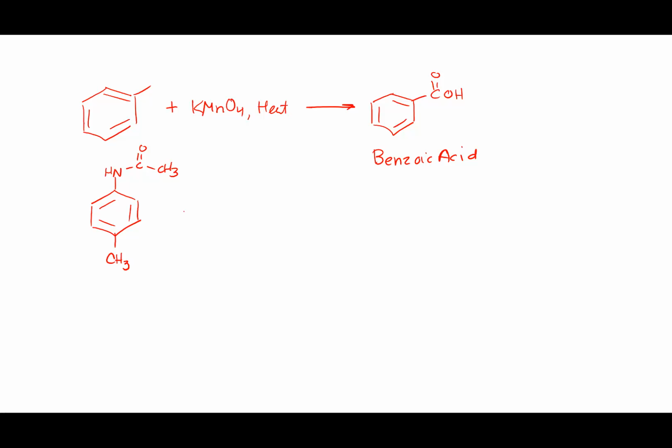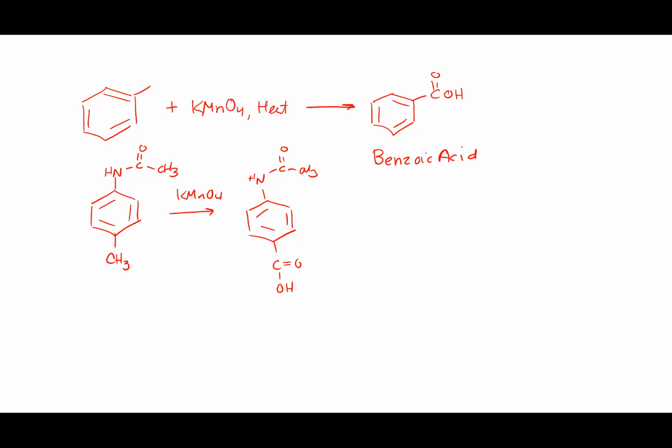And what we're going to do is we're going to now react that with KMnO4 to make that methyl group into a carboxylic acid. Then after break, we're going to take away the acetyl group, we're going to take away the amide, we're going to turn it back into an NH2.